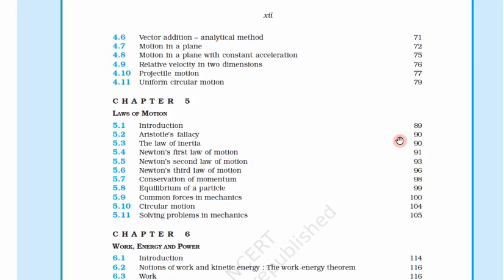After that, vector addition, motion in a plane, motion in a plane with constant acceleration. When acceleration is already there, how do things move in a plane, relative velocity in two dimensions, projectile motion and uniform circular motion. These are two very important topics which we will cover in this chapter.